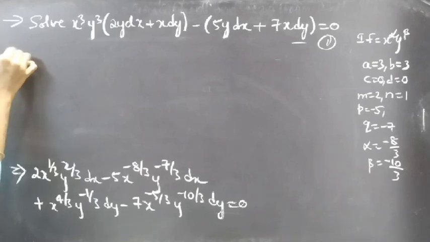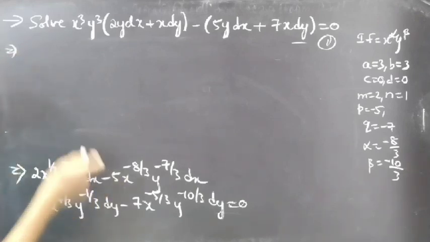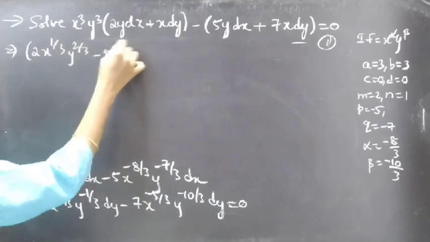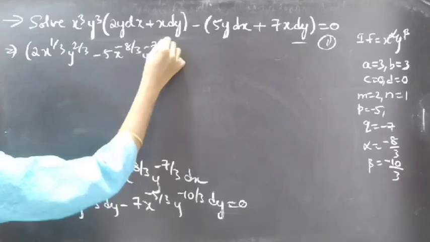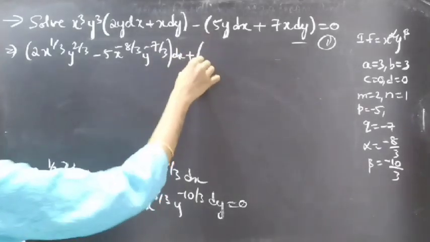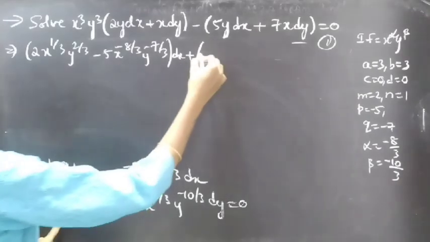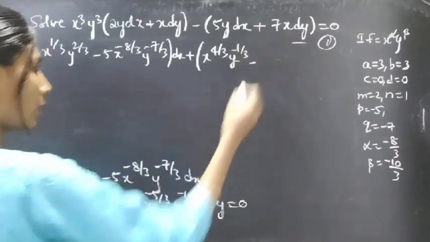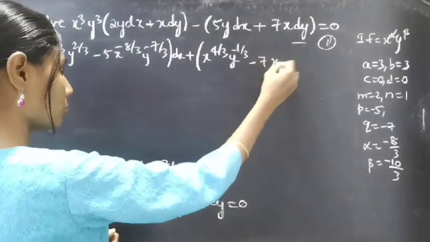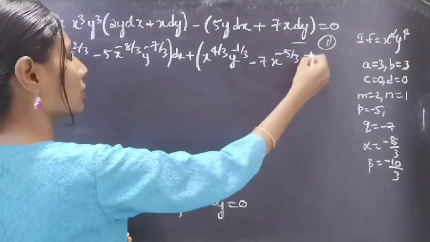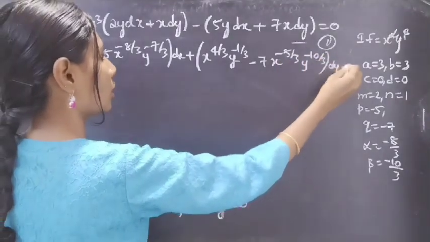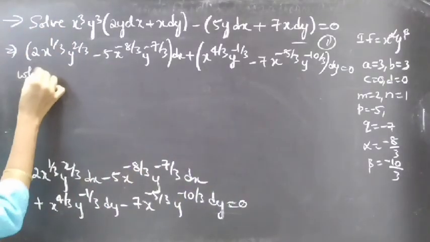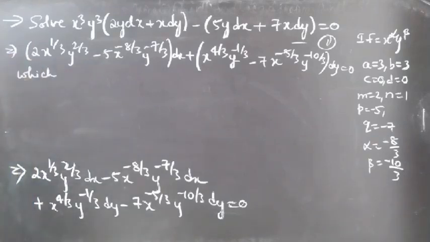This gives us, now take dx common from the first two terms, you'll get 2x power 1 by 3 y power 2 by 3 minus 5x power minus 8 by 3 y power minus 7 by 3 into dx, plus take dy common from the next two terms, you'll get x power 4 by 3 y power minus 1 by 3 minus 7 x power minus 5 by 3 y power minus 10 by 3 into dy equal to 0, which is of Mdx plus Ndy equal to 0 form, or you can name it as M2dx plus N2dy equal to 0 form.